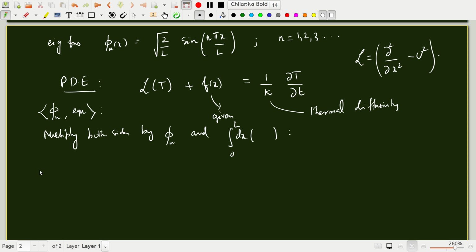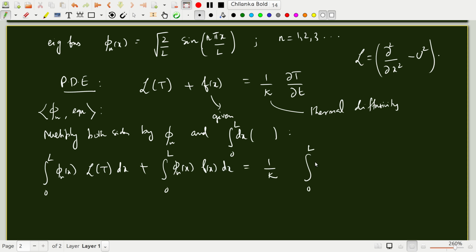Okay, so I'll go term by term: integral 0 to L phi n of x L of T dx plus integral 0 to L phi n of x f of x dx is equal to 1 over kappa integral 0 to L phi n of x partial T by partial time dx.